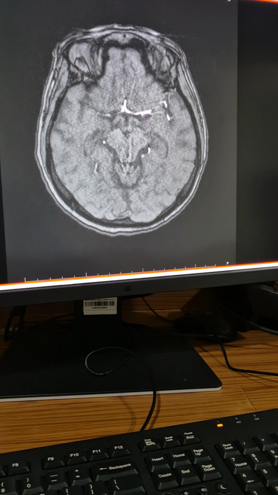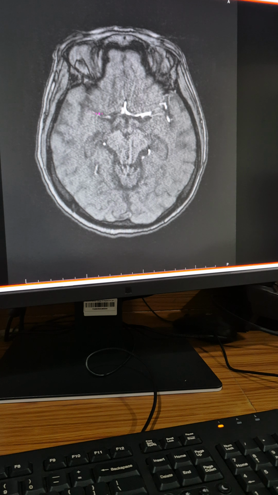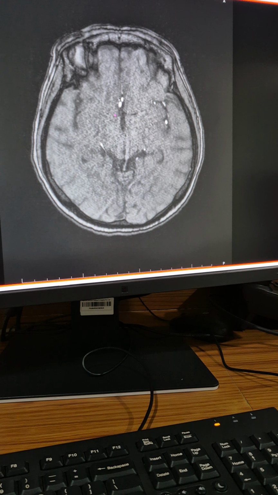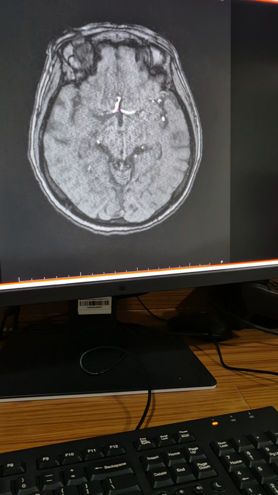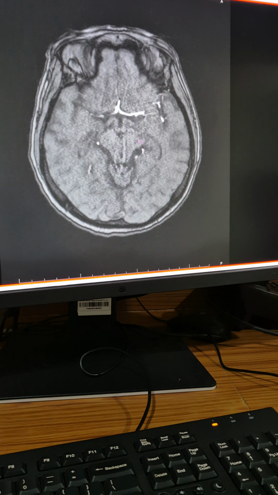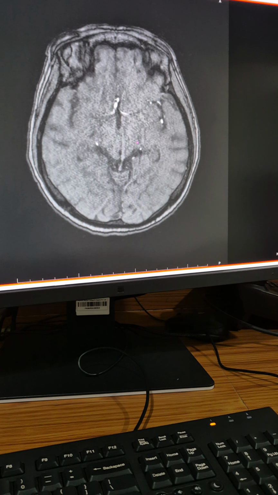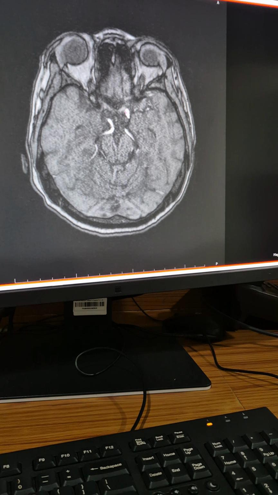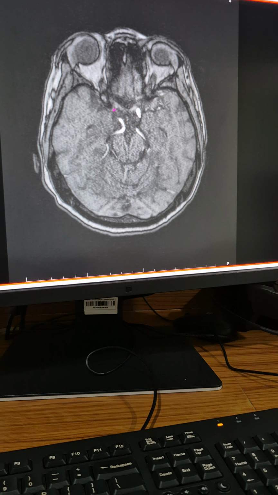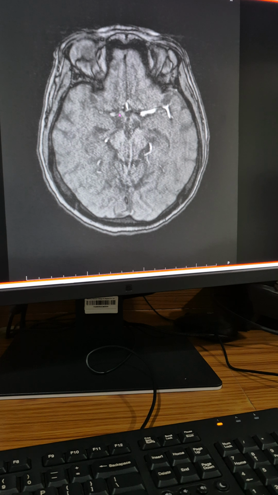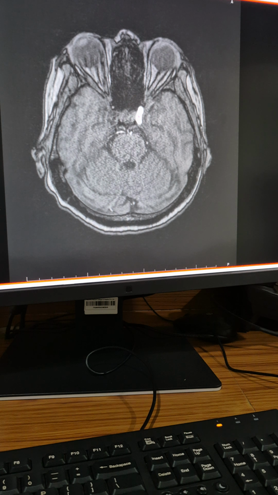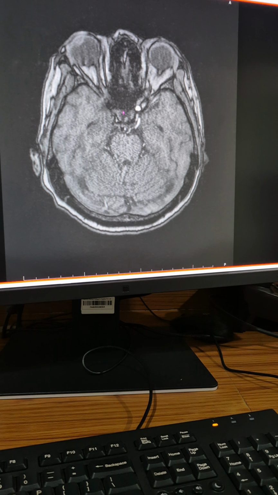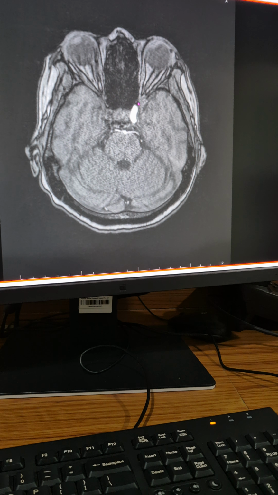However, as I look for symmetry on this side, I don't find any MCA. That's the reason I'm confirmed that the middle cerebral artery on the right side is involved, completely occluded by a thrombus. And as I scroll down, I find the internal carotid artery on the left, which is well visualized. However, the internal carotid artery on the right is not visualized. It's not visualized because it is occluded.